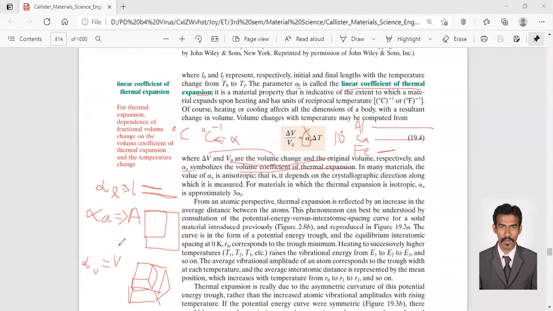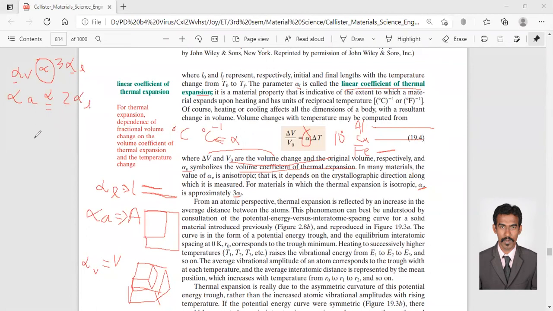So when there's a continuous or uniform change, this alpha V would be almost equal to 3 into alpha L. In a similar way, alpha A is directly proportional to, almost, I can even write equal, though not always, to alpha L.